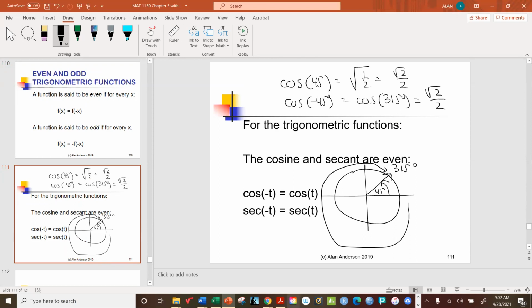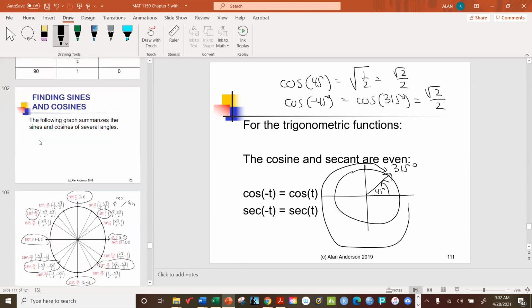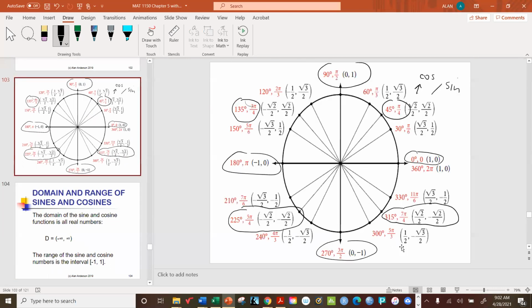Okay, so let's see if we can find that on our unit circle. Yes, so in other words, here's the cosine of 45.